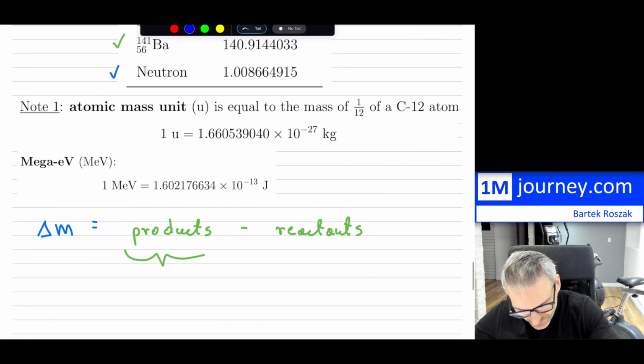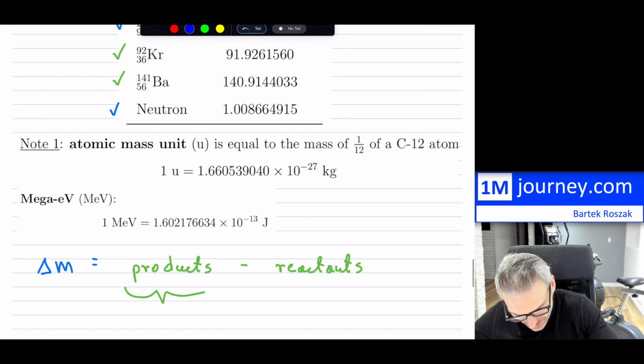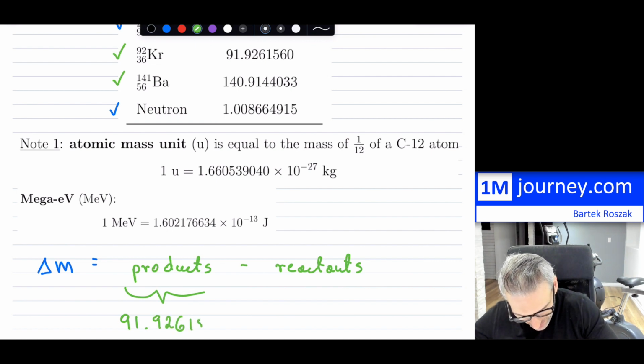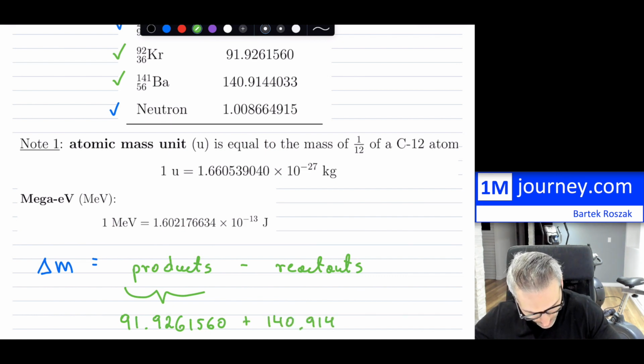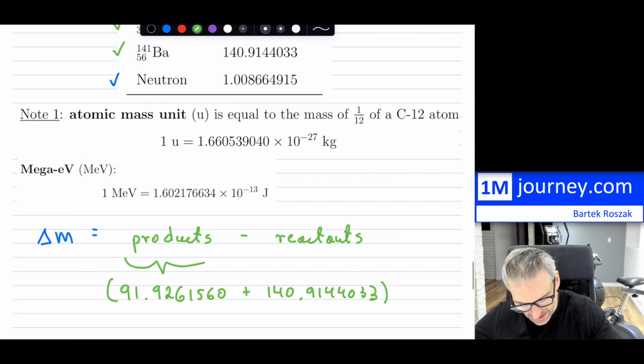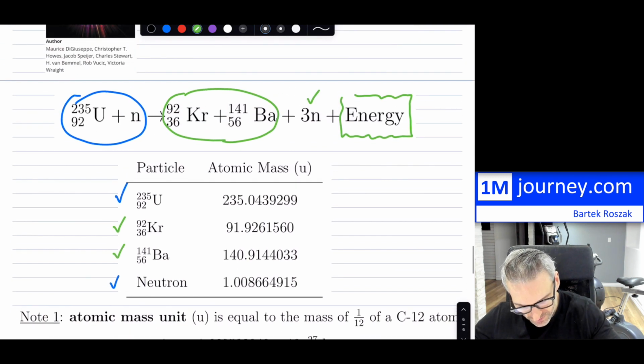If I take a look, this is going to be 91.9261560 plus this is going to be 140.9144033.